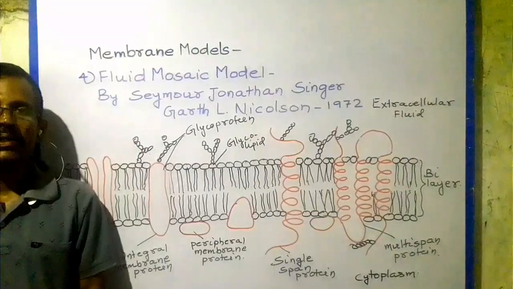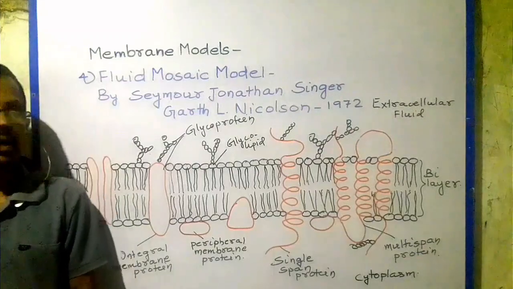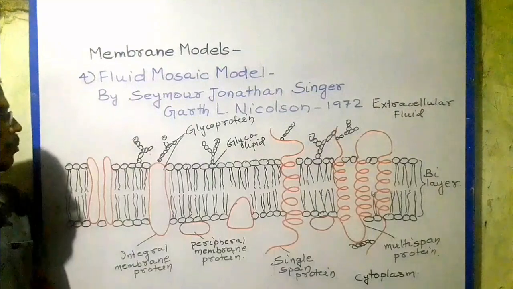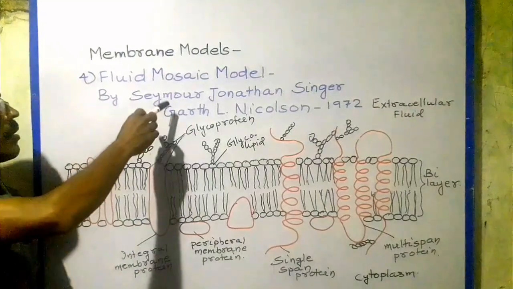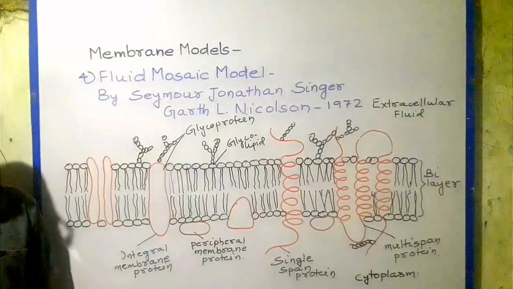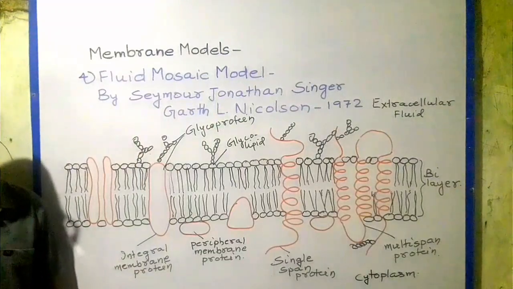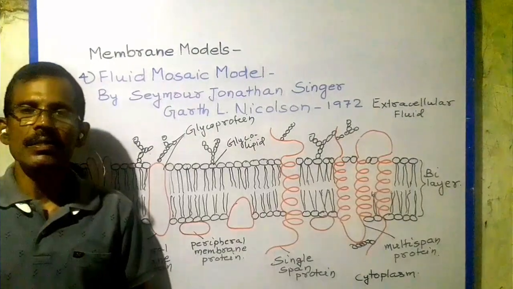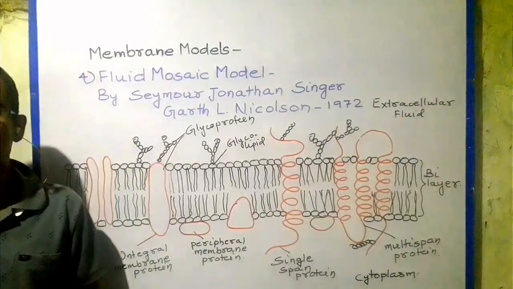The widely accepted model of cell membrane is the fluid mosaic model. Fluid mosaic model was proposed by S. J. Singer and G. L. Nicholson in 1972. According to this model, the cell membrane is a quasi-fluid structure.